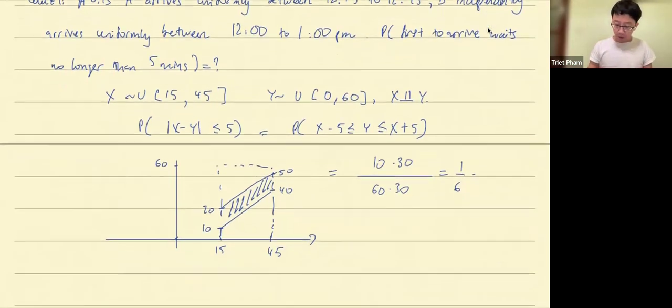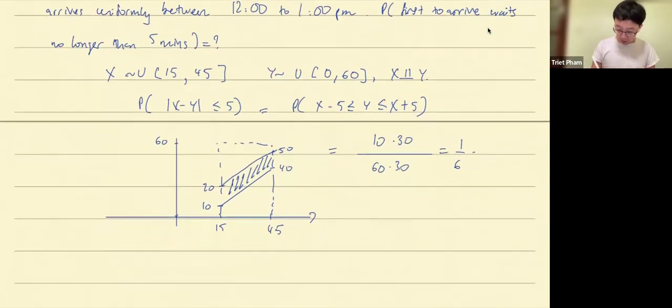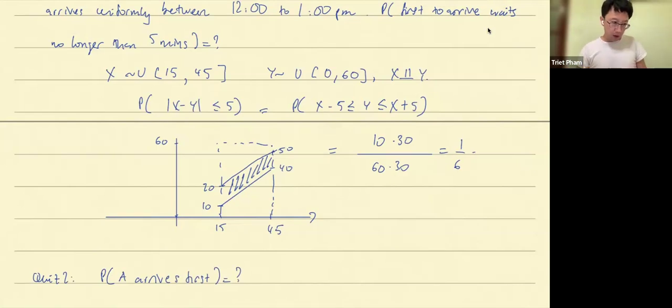Okay, so follow up on this quiz. Quiz 2. What's the probability that A arrives first? Again, formulate this in terms of mathematical symbols and then solve it, maybe geometrically.